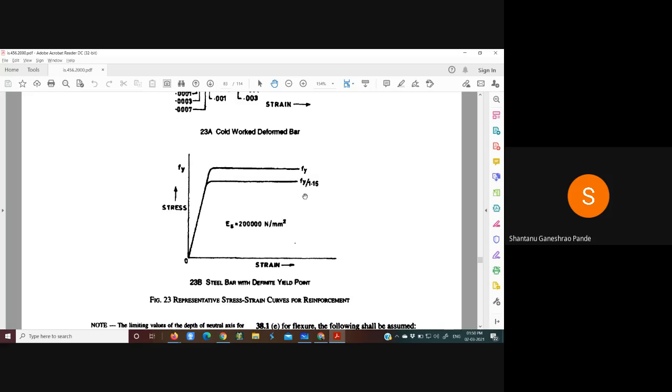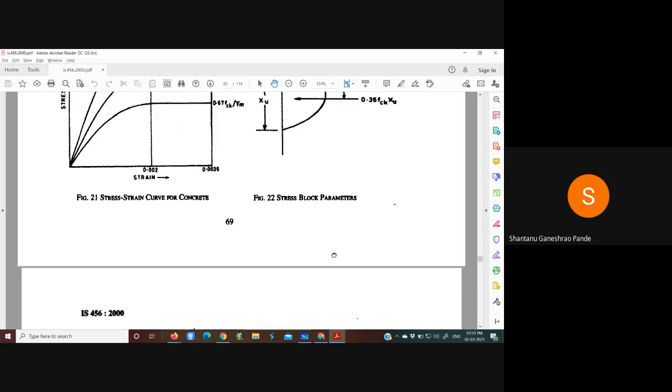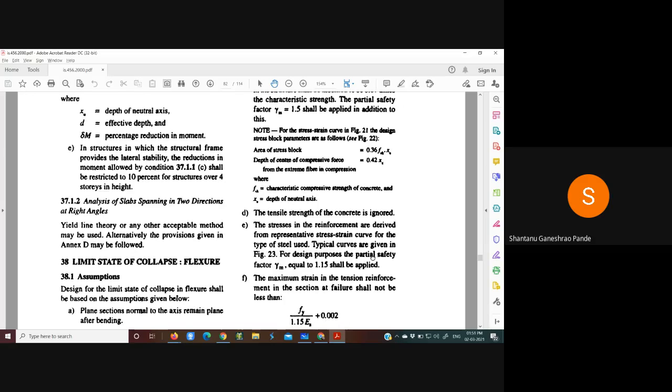Right, so this second curve will be used for design purpose, as this value is the design value because you have applied the partial safety factor. So Fy upon gamma m comes out to be the design value. The value mentioned in this assumption, you have to take from that curve.